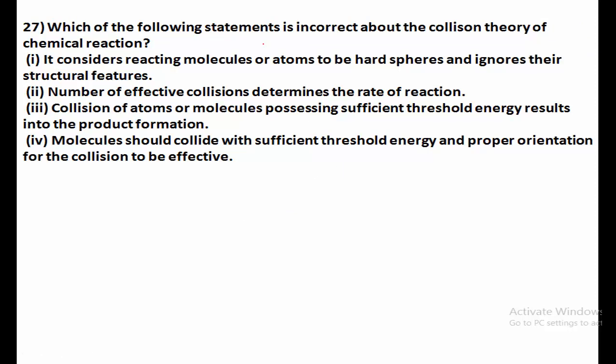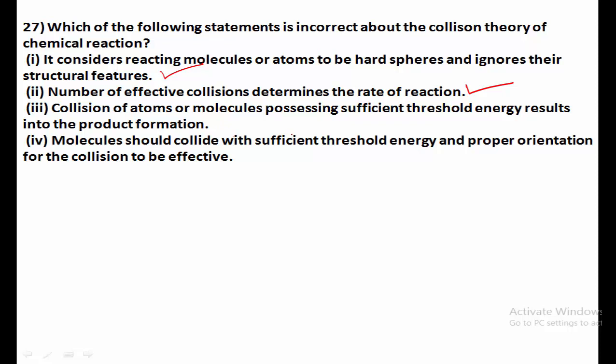27th. Which of the following statements is incorrect about the collision theory of chemical reaction? So first one, it considers reacting molecules or atoms to be hard spheres and ignores their structural features. So this is the correct statement. Then second one, number of effective collisions determines the rate of reaction. This is also correct. Collision of atoms or molecules possessing sufficient threshold energy result in the product formation.